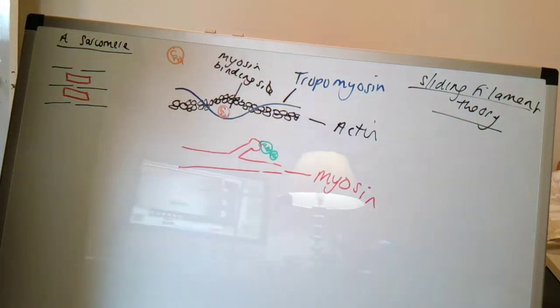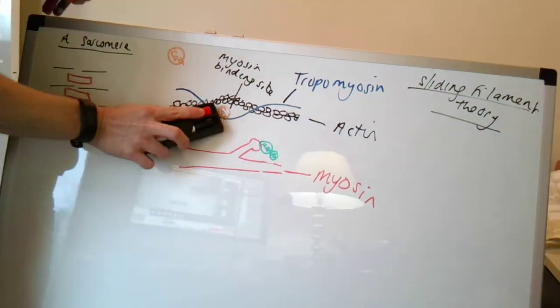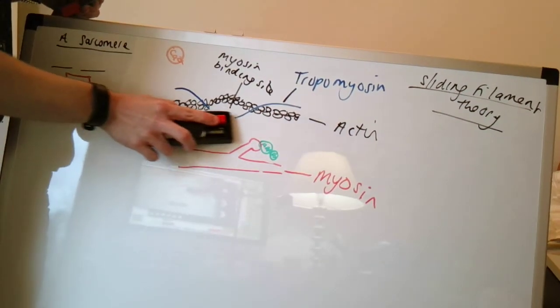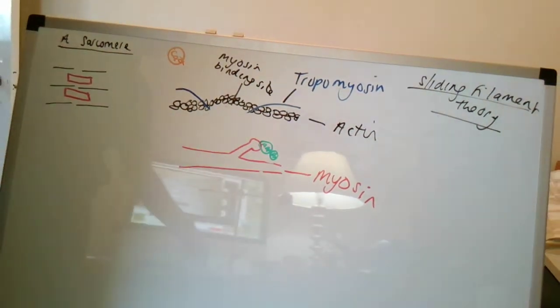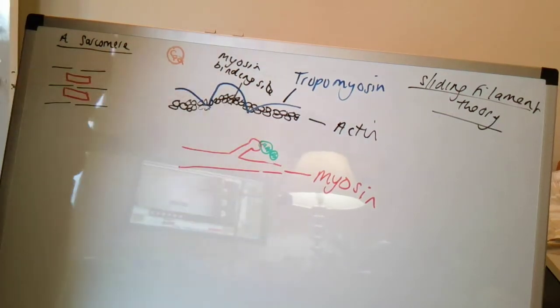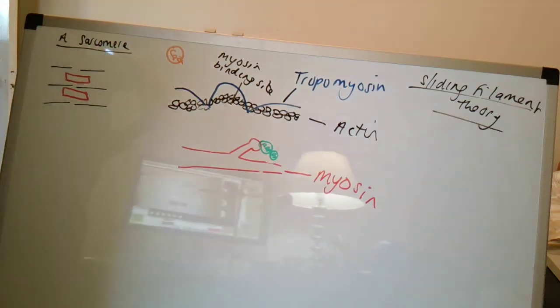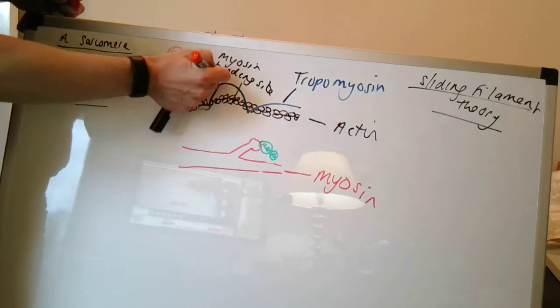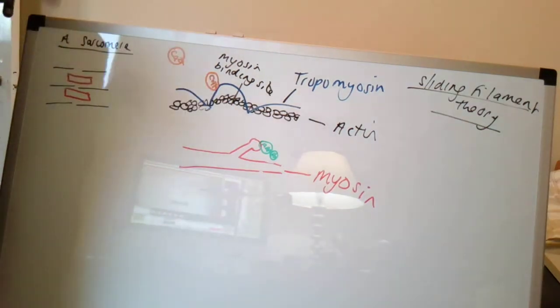And what then happens is, the tropomyosin changes shape, and then it uncovers the myosin binding site on the actin. So the tropomyosin changes shape because calcium ions have bound to it, and it uncovers the myosin binding site on the actin. So that's the calcium ion there, and it's now showing you the tropomyosin has changed shape, revealing that binding site.